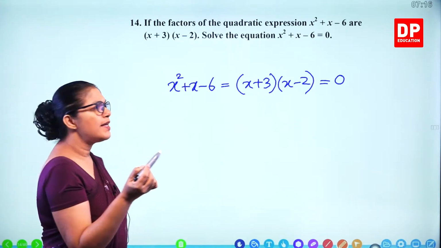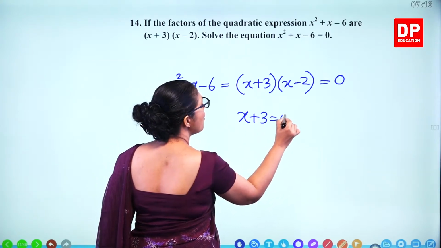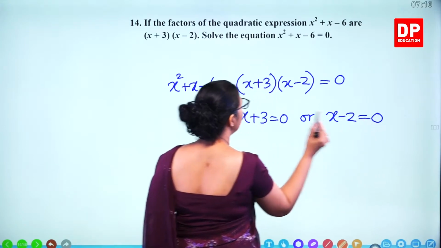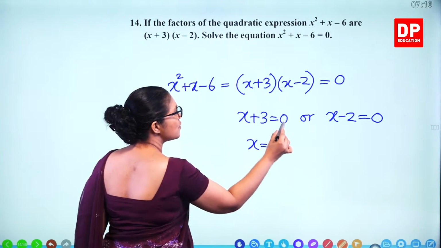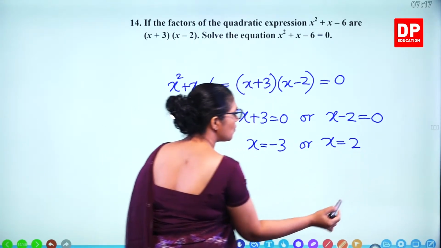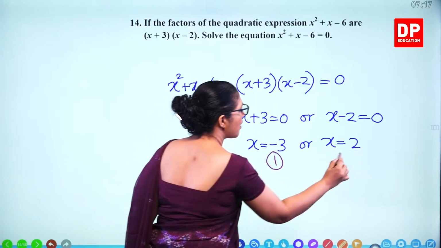Product is 0 means either the first factor is equal to 0 or the second factor is equal to 0. So you get x equals minus 3, taking 3 to the other side, or x equals 2. So 2 marks, we can give 1 mark each.